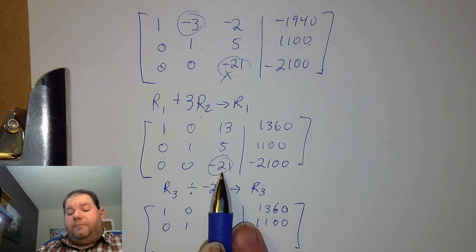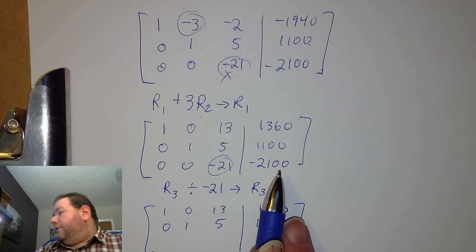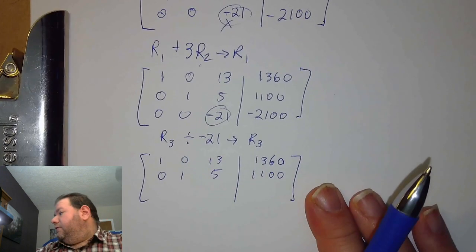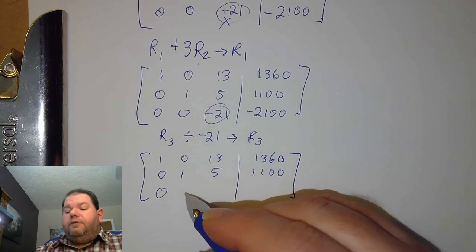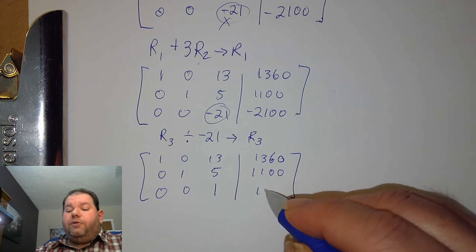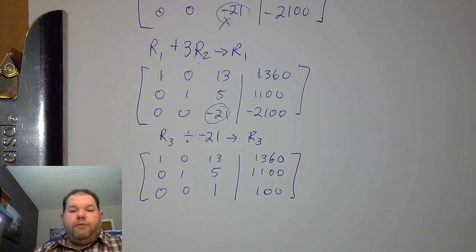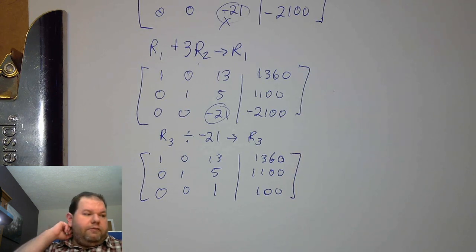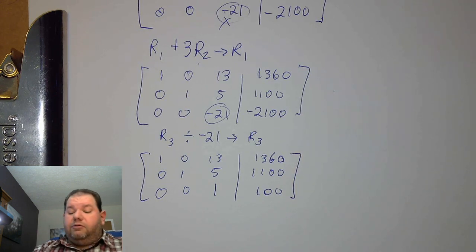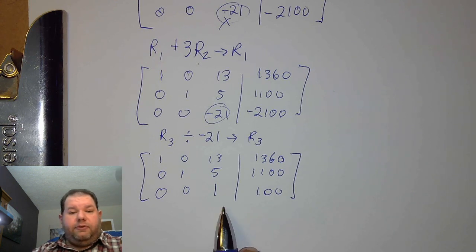This is great because both of these numbers are evenly divisible by a negative 21. So we get 0, 0, 1, and then 100. Once we divide that by negative 21, we just get an even 100. So right now that means we're going to be making 100 tables. That's what it sounds like.